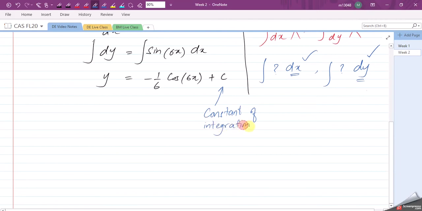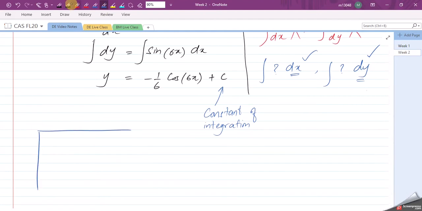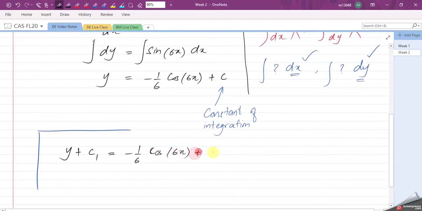We did integrate both sides, but we did not add a constant of integration on both sides. The reason is, if we do add a constant of integration on both sides, it will be no use. So if we add, let's say, y plus c1 here and minus 1 by 6 cosine 6x plus c2 here.